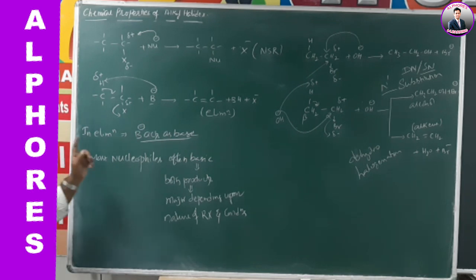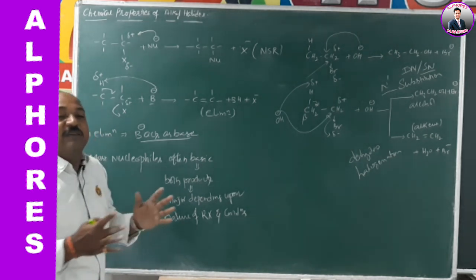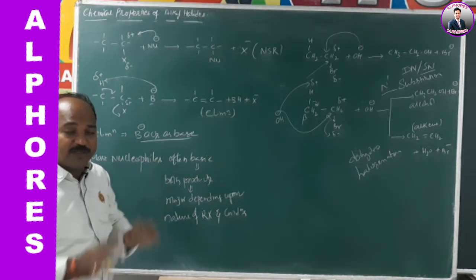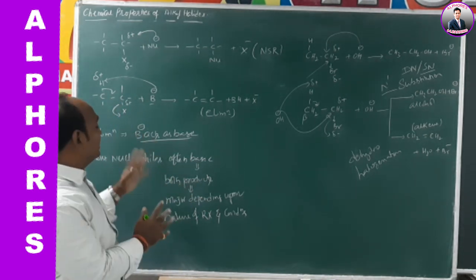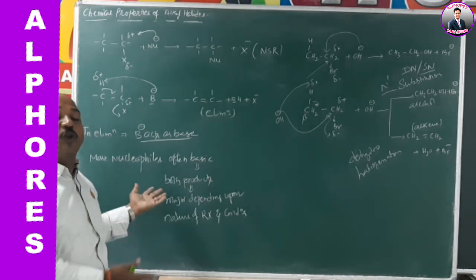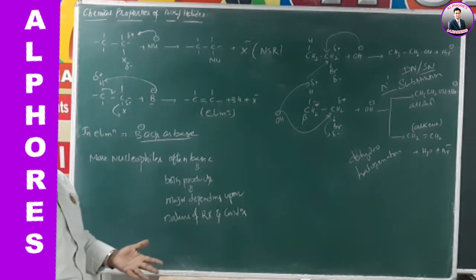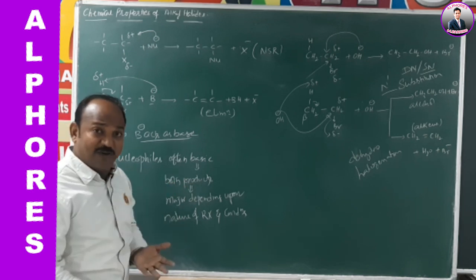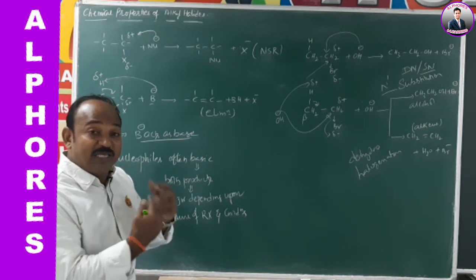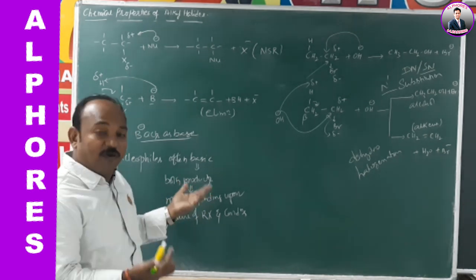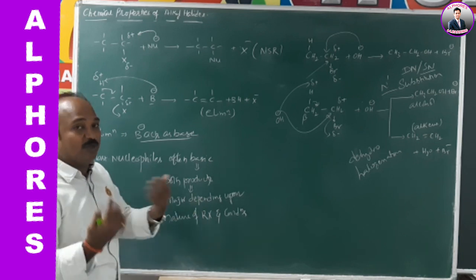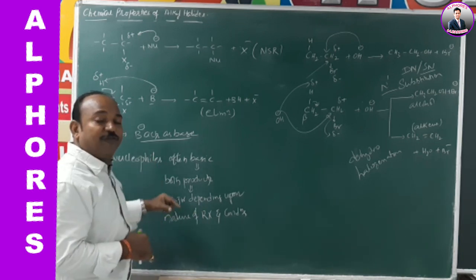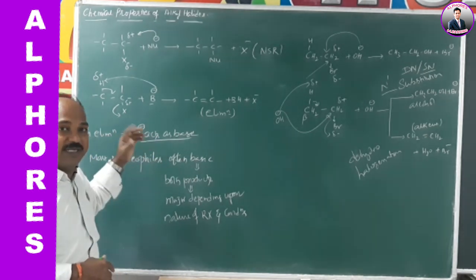Now, most nucleophiles are often basic. Actually, there is no distinction like you should act as only a base or only a nucleophile. We cannot discriminate like that. Almost all nucleophiles obviously possess basic nature, because the basic definition is the one which is electron rich, which has the tendency to donate an electron pair, Lewis base, or to accept a proton. So the conditions required for both base and nucleophile look the same.